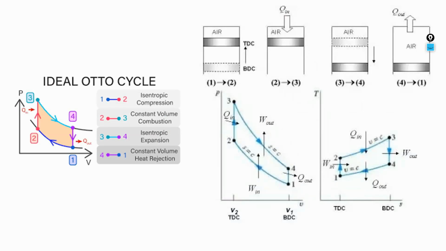As you are all aware of the ideal Otto cycle, there are two isentropic processes and two constant volume processes. First, 1 to 2 is isentropic compression, 2 to 3 is constant volume combustion, 3 to 4 is isentropic expansion, and 4 to 1 is constant volume heat rejection. I will not elaborate further on it as you are aware of it.